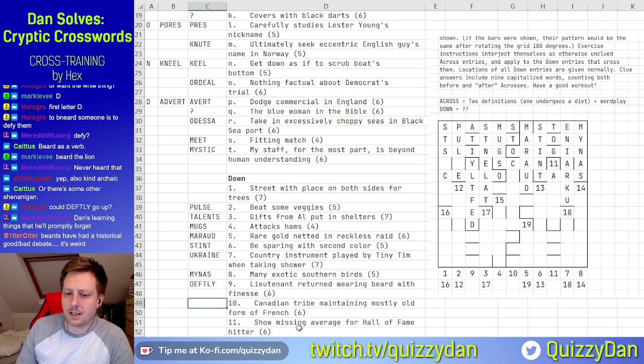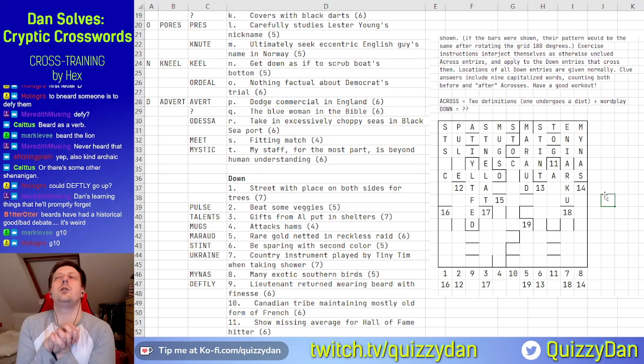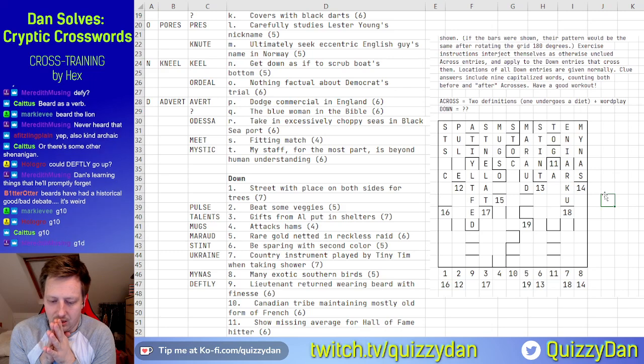Canadian tribe maintaining mostly old form of French. And it's going to go here. Canadian tribe maintaining mostly old form of French. Catalan is Spanish. What is the name of the type of French that they speak near the Pyrenees? I have forgotten.